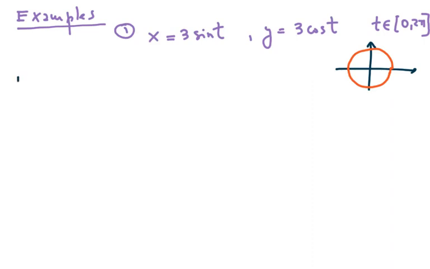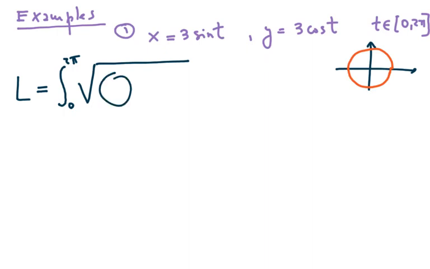So the arc length of this curve is going to be equal to the integral from the first value of t, which is 0, to the last value of t, which is 2 pi, of what? Well, following the formula, the square root of the derivative of x squared plus the derivative of y squared.